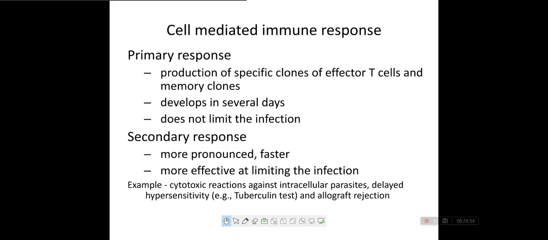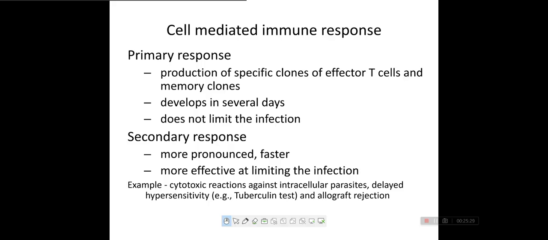Already I told you that in primary response, they take several days for recognizing or fighting against that infection. They take several days in primary response, or first response. But when memory cells have developed in the body, in the second response they are more effective, and they recognize that same infection very quickly.